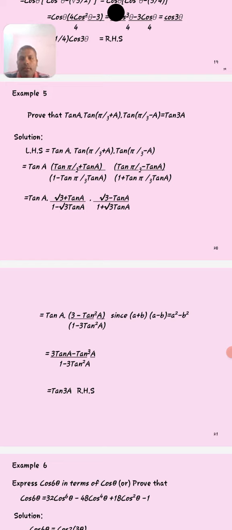Tan a into (3 - tan square a) by (1 - 3 tan square a), since (a + b) into (a - b) equals a square minus b square. Using that condition we write (3 - tan square a) divided by (1 - 3 tan square a). That is equal to (3 tan a - tan cube a) by (1 - 3 tan square a). That is the formula of tan 3a. This is the RHS part.